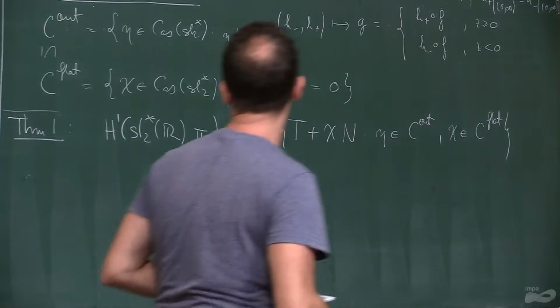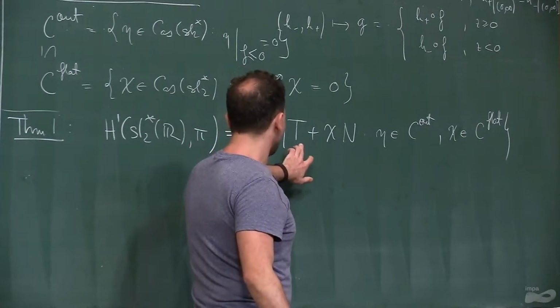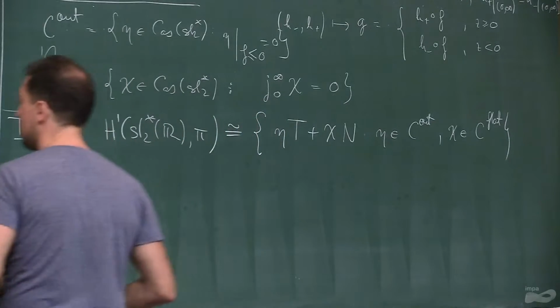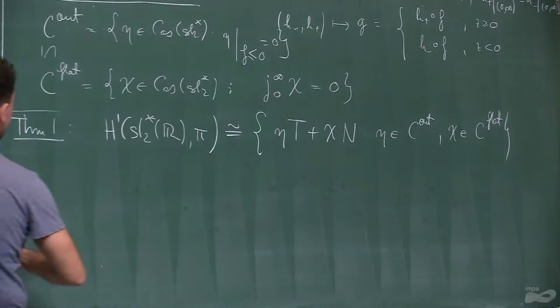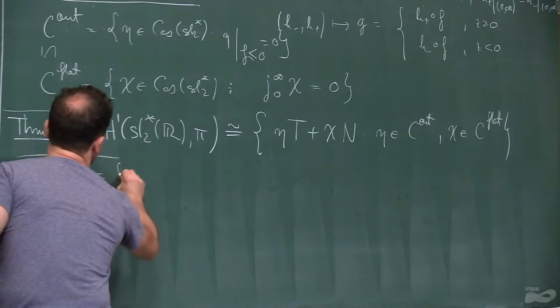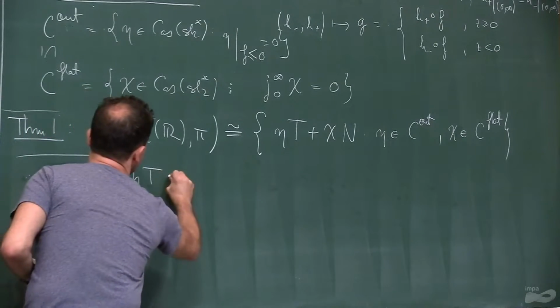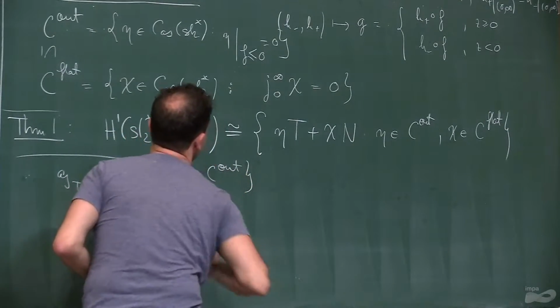And what happens here is also a little bit special, because if you look at vector fields of this type only, T times something, they form a subalgebra, right? So G_T, which are vector fields of the form ηT with η in C out, form a subalgebra.